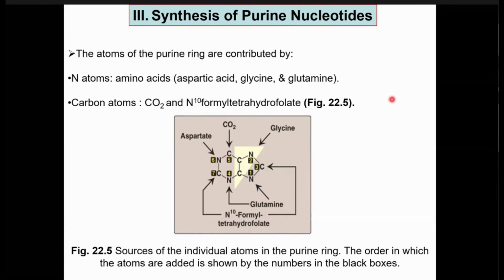First, we want to see how the purine ring itself is synthesized. How can we synthesize the purine ring? Why is it called a ring? Because it has a double ring, as you can see. This is one ring of 5, and this is a ring of 6.